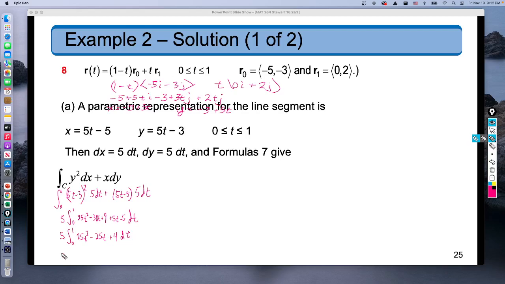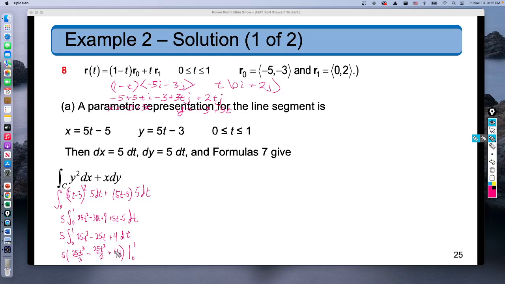We integrate piece by piece. So you just leave the 5 out at the very end. This is going to be 25t to the third over 3 minus 25t squared over 2 plus 4t. That integrates from 0 to 1. When you plug in 0, these all become 0.